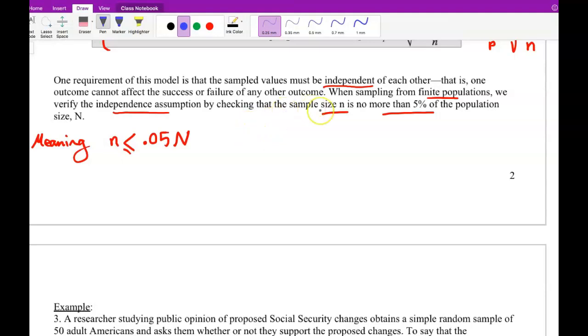So I'm just summarizing this part. The first one was that the sample values must be independent.